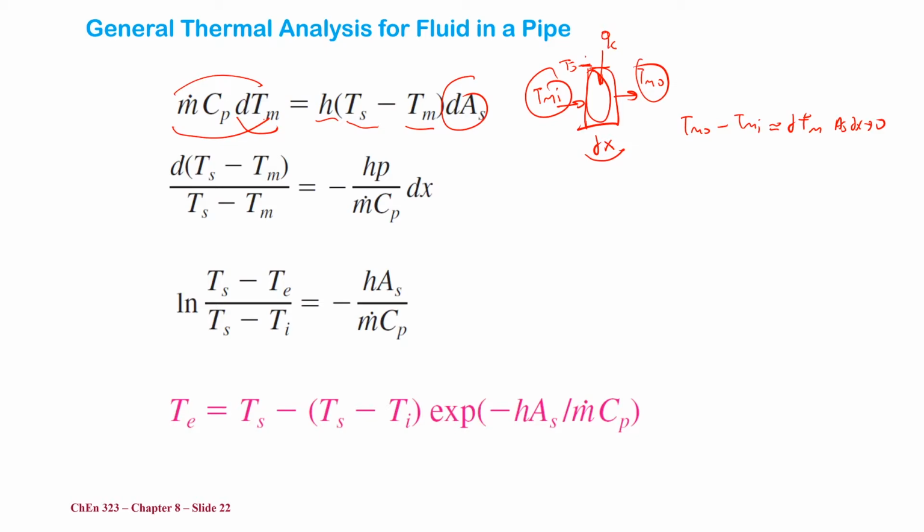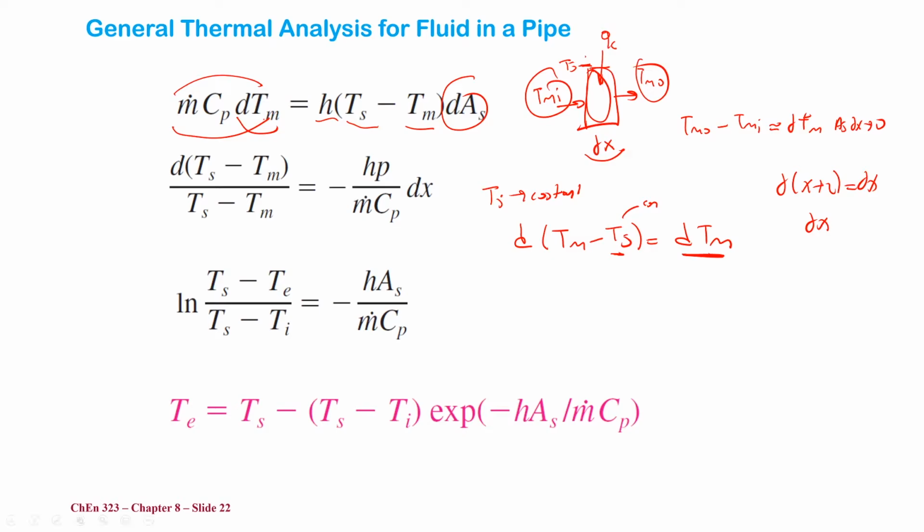So Ts is constant, so that means d(Ts minus Tm) is equal to minus dTm. Since Ts is a constant, adding or subtracting a constant inside the derivative is not going to change anything.